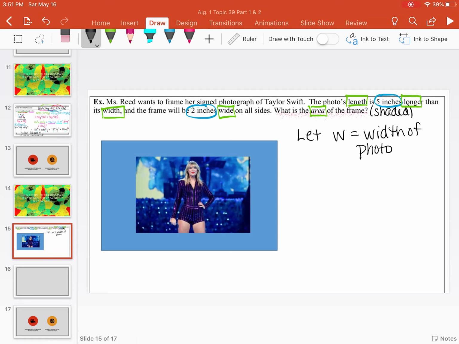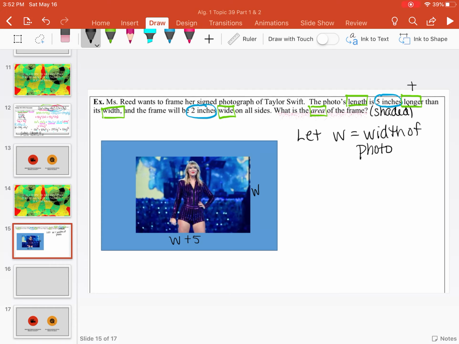So on my graphic here, we're going to label the dimensions. The width of the photo, I'm going to denote by W. Now the length is 5 inches longer. Since it's longer, we're dealing with addition. So we have W plus 5.